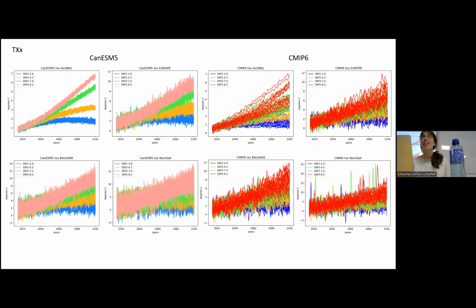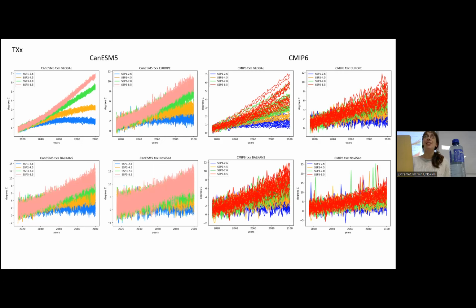Okay. Maybe I missed the point, but what's the functional difference between these two methods? I mean, where you can apply one, not the other, and vice versa. So CMIP6 is a whole load of different climate models running the same experiments. CanESM5 is just one model, which is actually part of CMIP6.